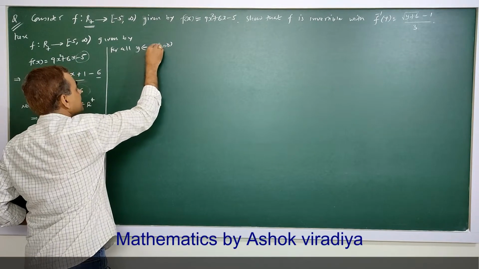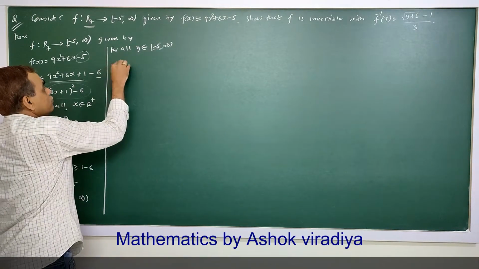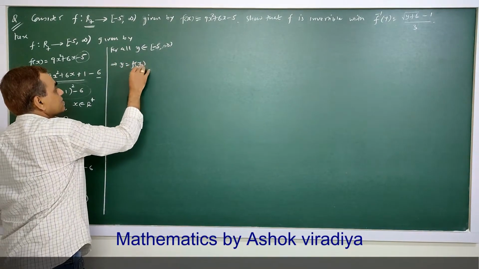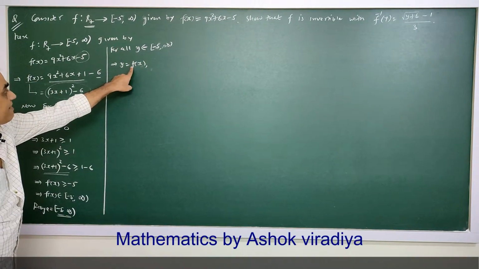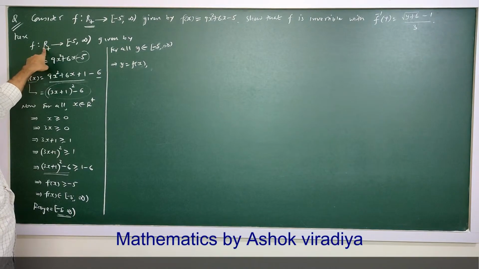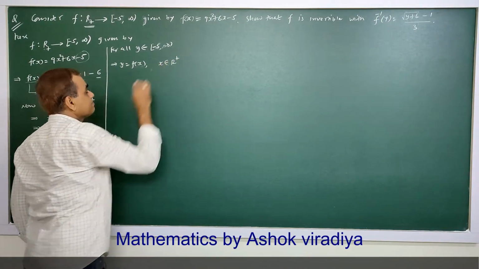If y is in the range of the function, then obviously, because any number belonging to this set is a set of images, y will be f(x). That means y equal to f(x), and x will be from the domain of f. What is the domain of f? R plus. So this x will be in R plus.